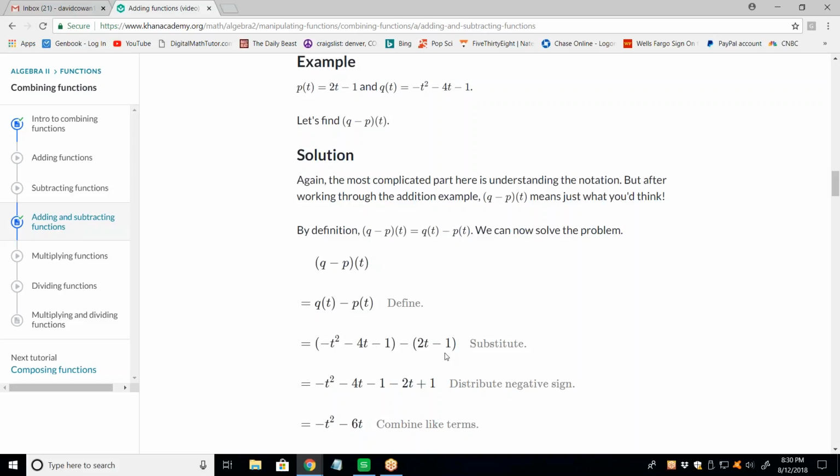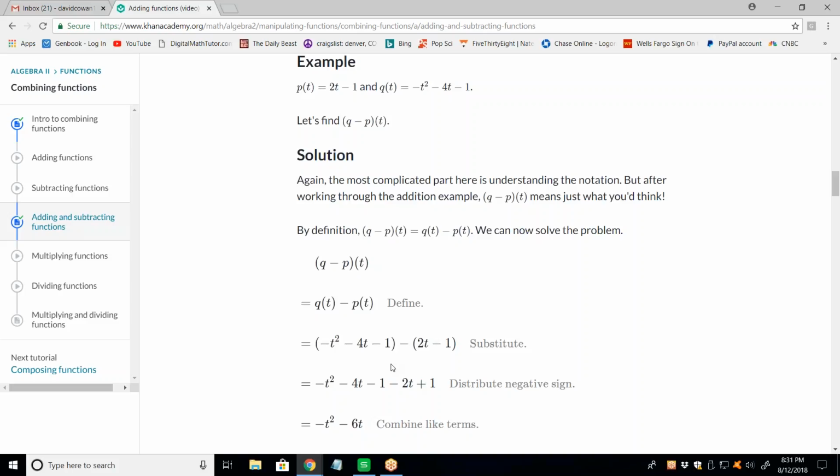Yeah. Okay. So the key here is that this negative sign that I'm pointing to has to be applied to both terms. So the first set of parentheses, I can just take away. It doesn't change anything. The second set of parentheses, very important that I change the sign on every term inside those parentheses.